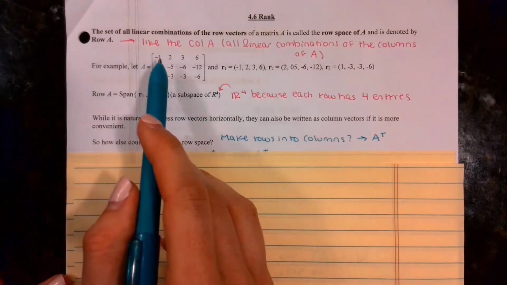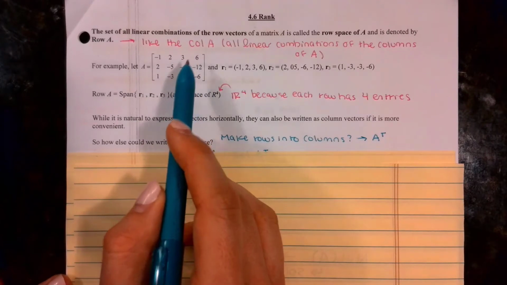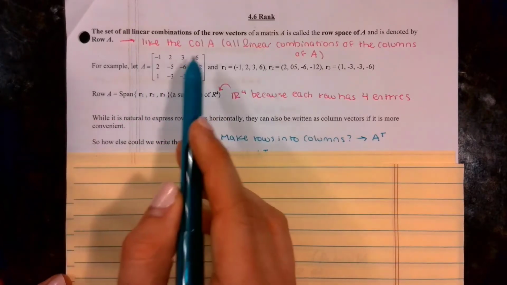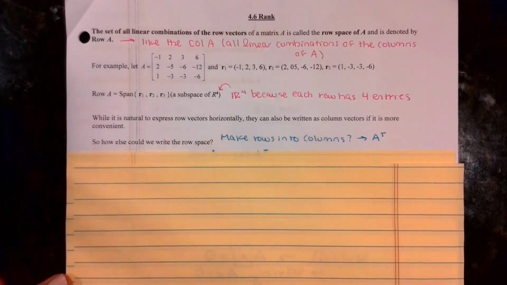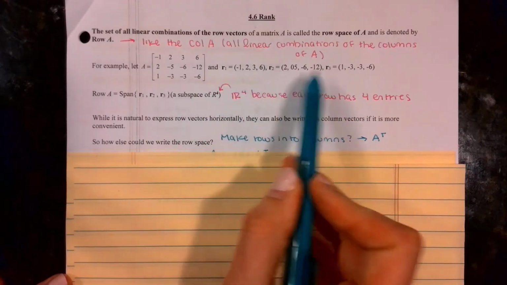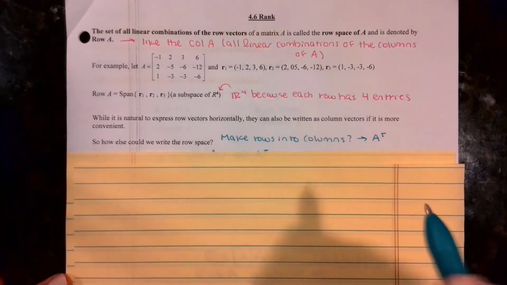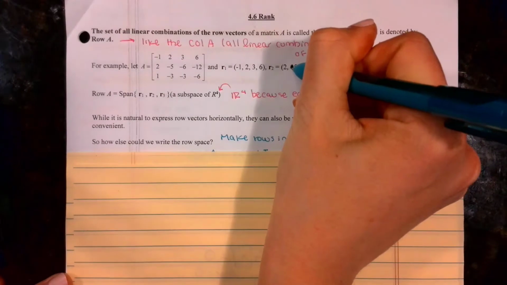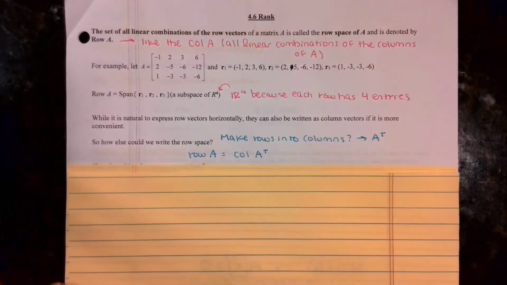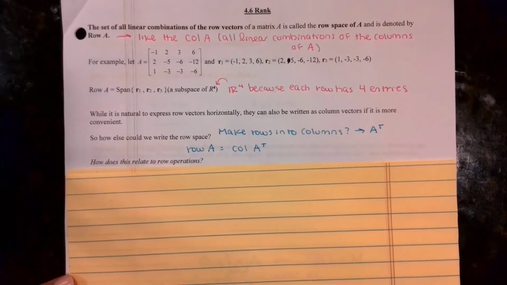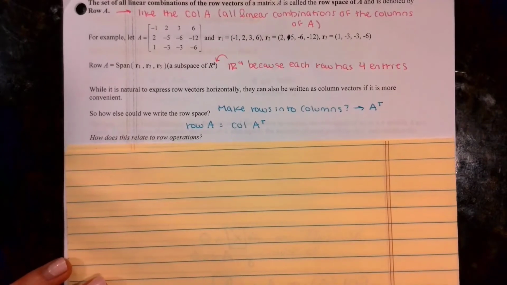Remember this is currently a 3 by 4 matrix, so the transpose would be a 4 by 3 matrix. And then that would make our rows we've listed here into new columns. Again, row space of A is the column space of A transpose.